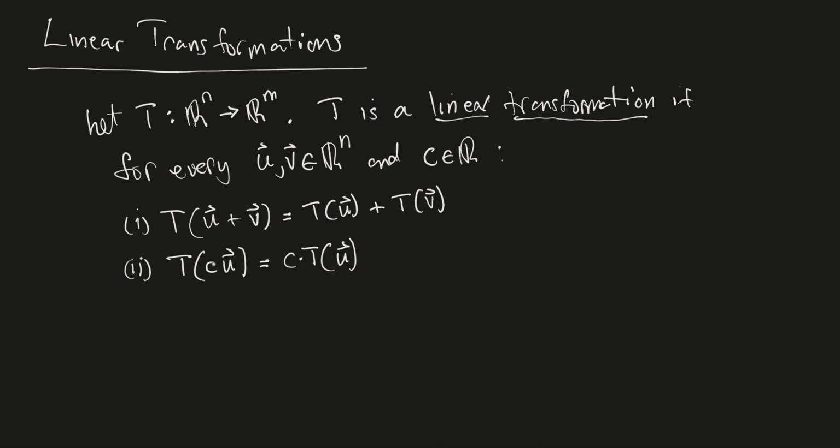Or think of it this way. If you find the image of a scaled vector, then that will always be equal to the scaled version of the image of that vector, right? So it doesn't matter if you scale the vector first and then apply the transformation, or apply the transformation first and then your scalar multiple. The result will always be the same, again, assuming that you have a linear transformation, right?